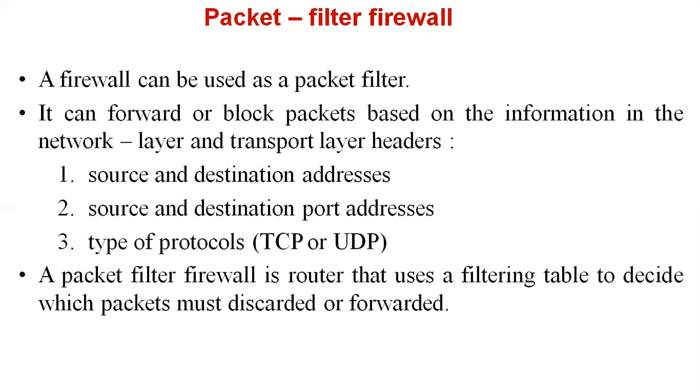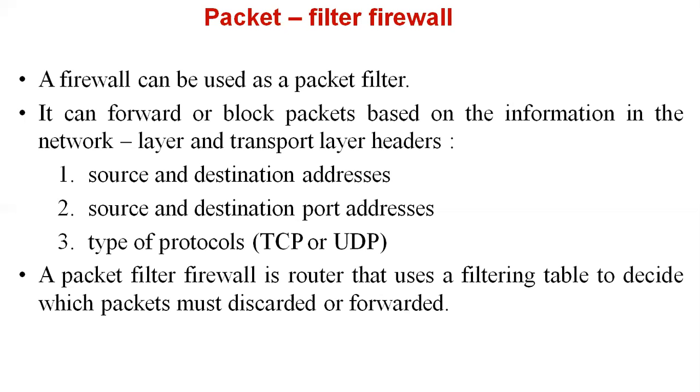First is the packet filter firewall technique. This is the simple technique. Here the firewall is used as a packet filter. It can forward or block packets based on the information in the network layer or transport layer headers.